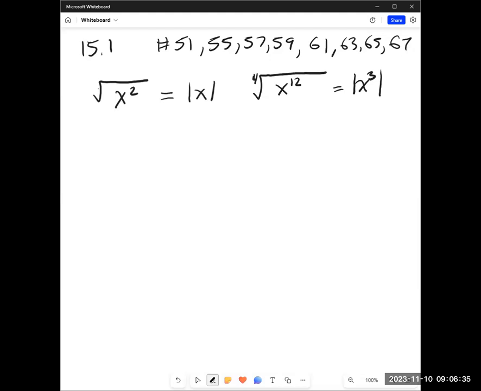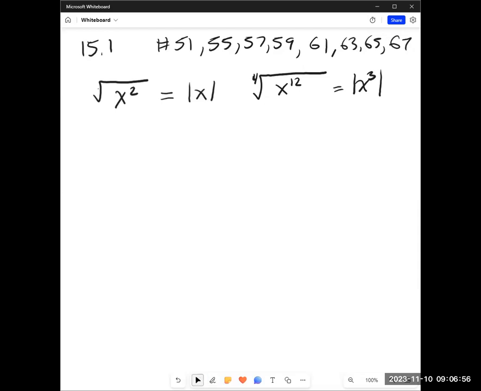Why? Because if I had a negative number raised to an even power, it would automatically be positive, and then the fourth root of that positive number would have to be positive. But if this negative number were raised to an odd power on the outside, it would be negative, and that would be the wrong answer.